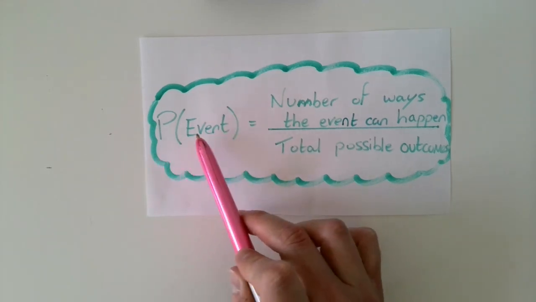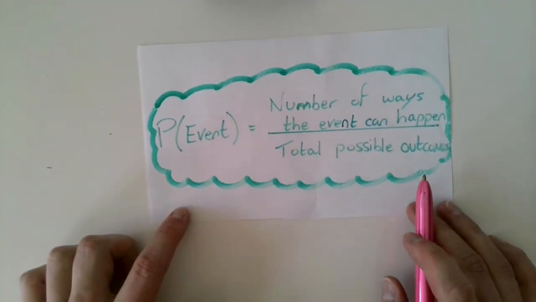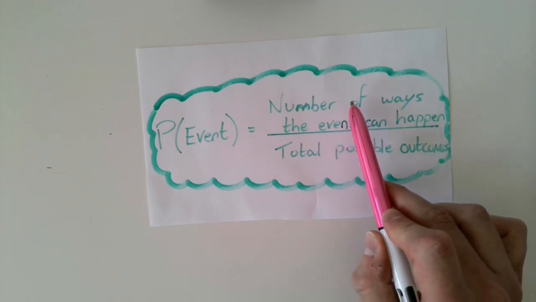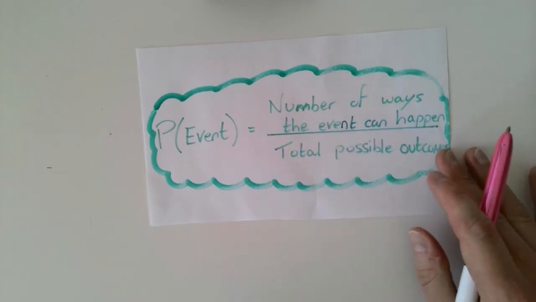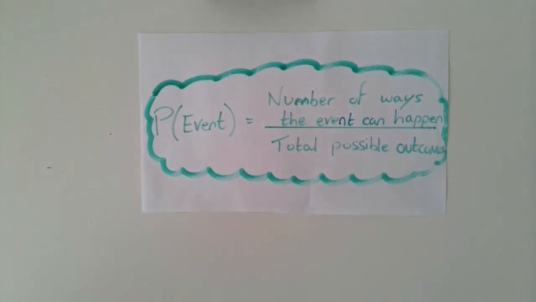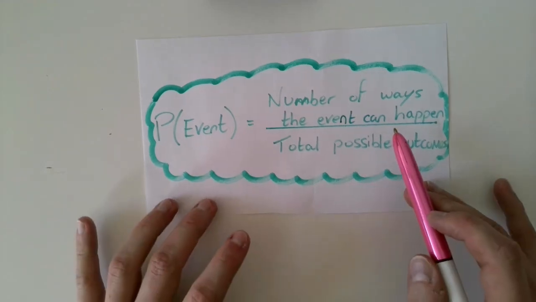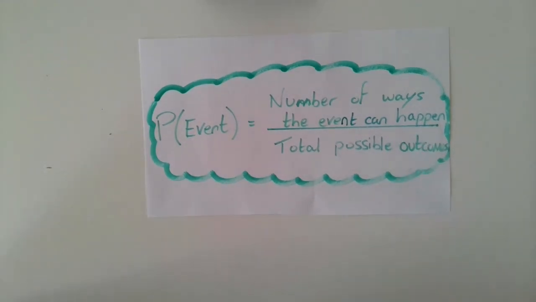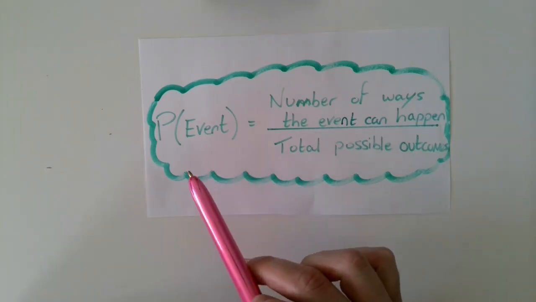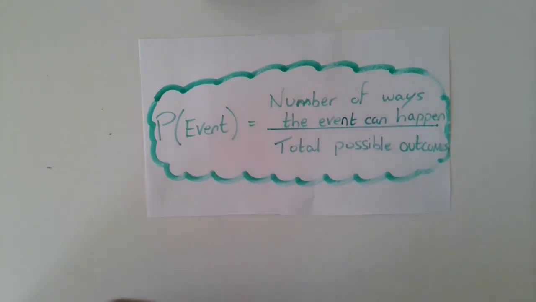So the probability of an event happening is calculated by thinking of the number of ways that the event can happen over or out of the total possible outcomes. I'd like you to make sure you've got this copied down, please. So if you need to pause the video to do that, that's absolutely fine. We're just going to do one example of calculating some events using this formula here.